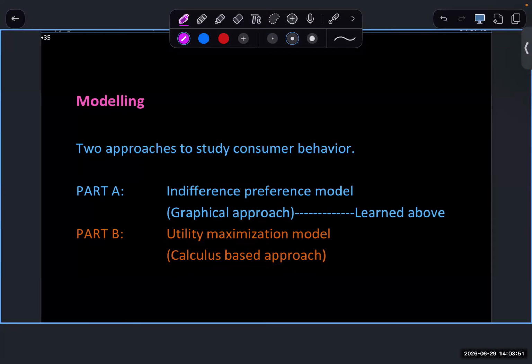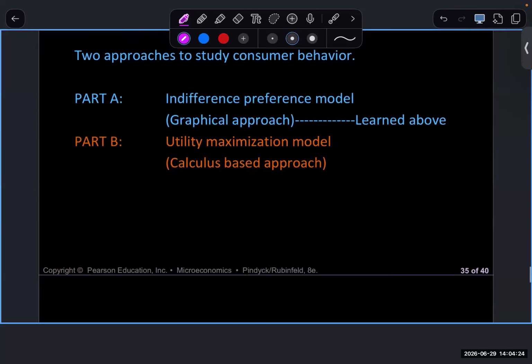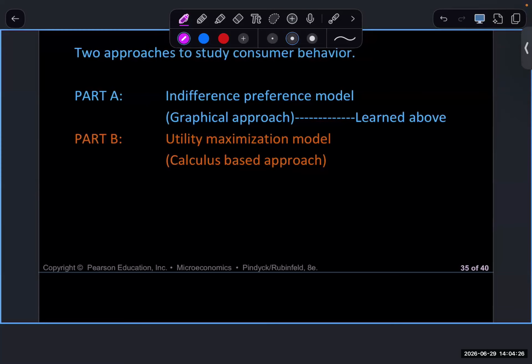This is what we've learned so far, right? So this one we call the graphical approach. The next one is from calculus, from the mathematics point of view, the utility maximization model. So let's see what it is.